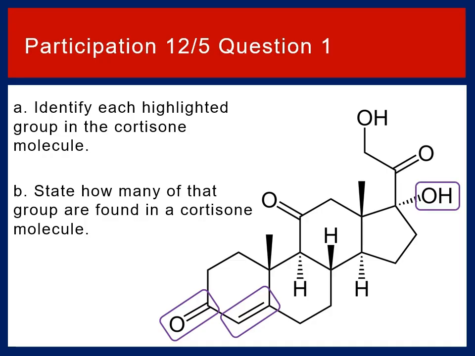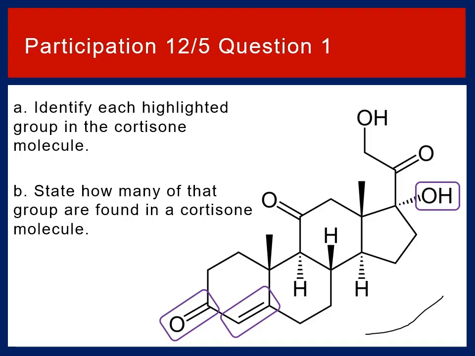That's a double bond, that's a double bond, single bond, single bond. Participation 12.5, question 1. A, identify each highlighted group in the cortisone molecule, and B, state how many of that group are found in a cortisone molecule. So this structure over here is cortisone, and there's 3 groups highlighted. I want you to identify them as part A, and then B, state how many of that group. For each of those groups, how many of that group show up in the molecule?